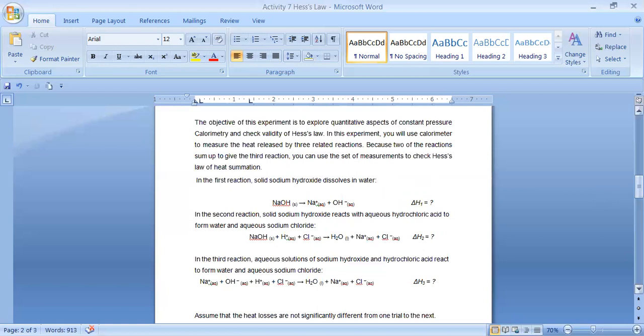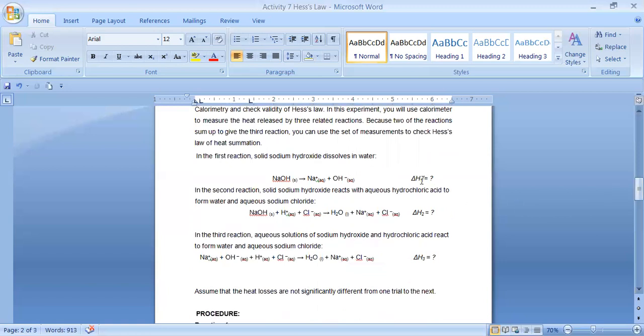Okay, so there are three reactions that will be happening. In the first reaction, there is a dissolution process. Solid sodium hydroxide is dissolved in water. So what is the heat of the reaction? Okay, and now on the second reaction, the same amount of solid sodium hydroxide reacts with aqueous hydrochloric acid to form water and aqueous sodium chloride.